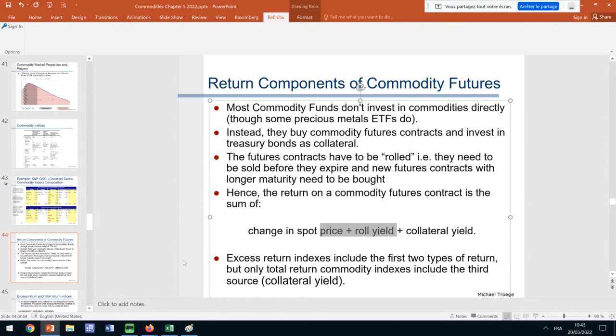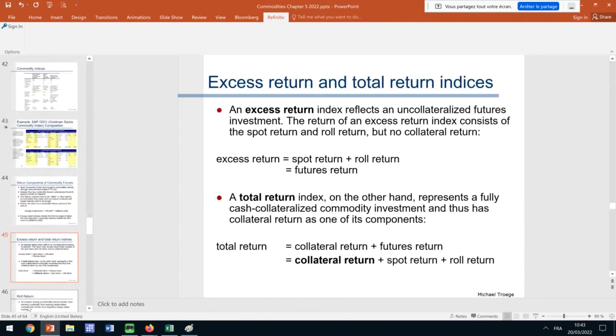So overall, it seems that the fund will provide a relatively low return. And that's what we see if we look at the commodity fund returns.